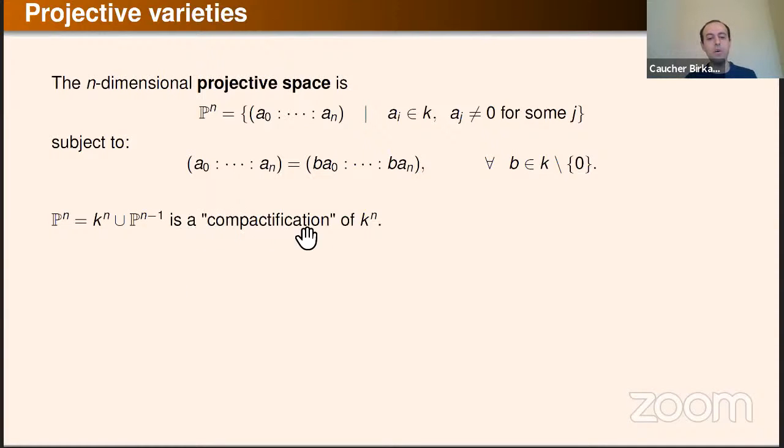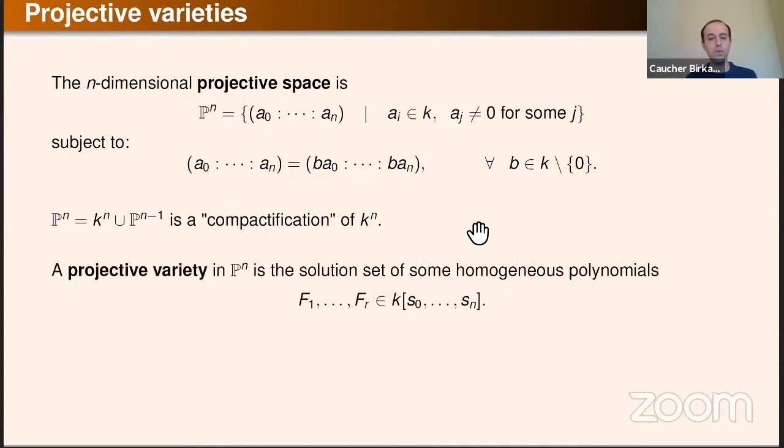And that's why this is a compactification of the usual space that we are familiar with, like R to the 1 or R to the 2 or 3. So just remember that this is a compact version of these spaces. You don't have to worry so much for the moment about the formal definitions.